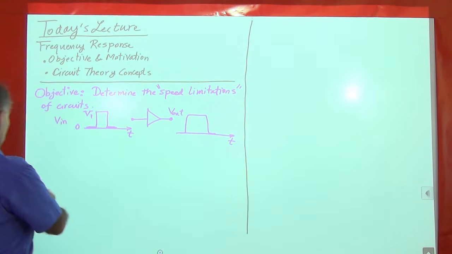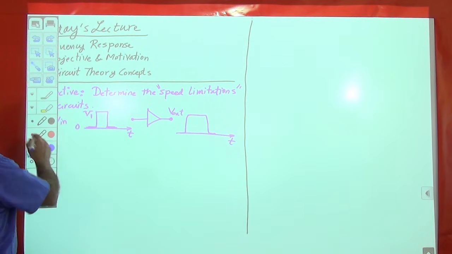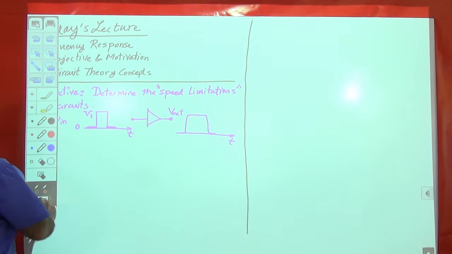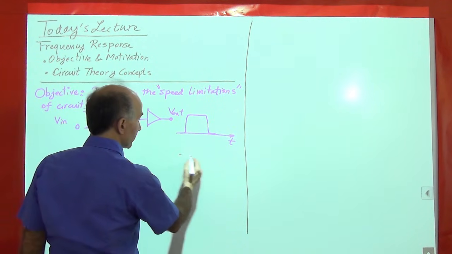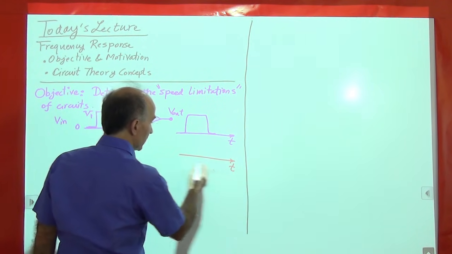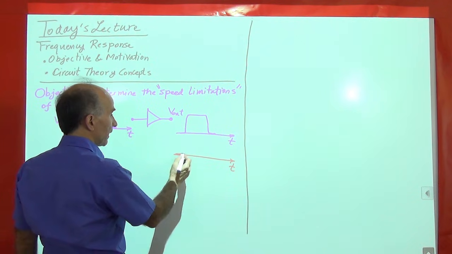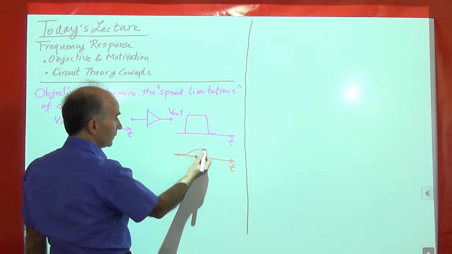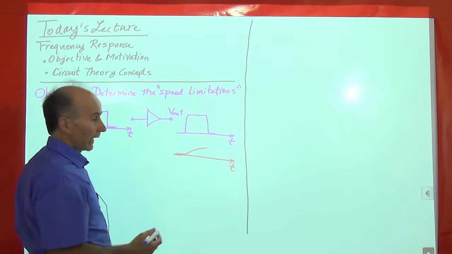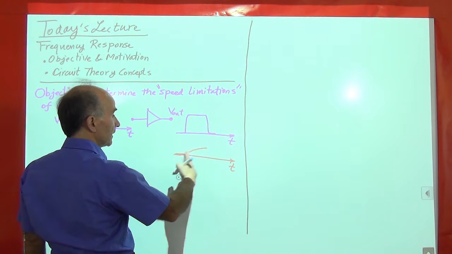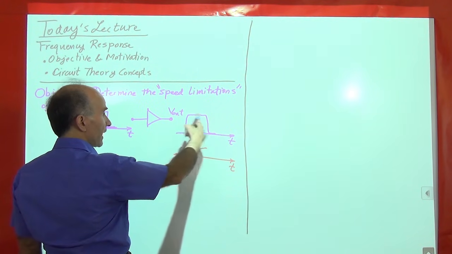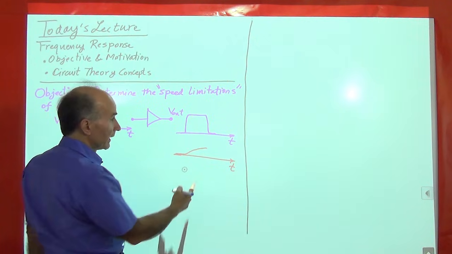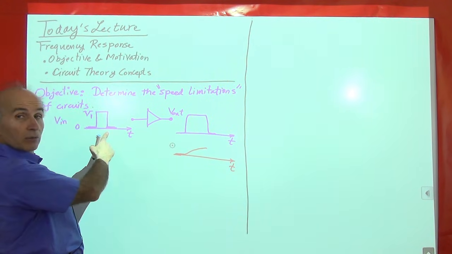On the other hand, let's change the color to red. If the response looks like this, if the output says, well, actually, I cannot change so fast, I will need some time to change. And by the time it's over here, it still hasn't had a chance to reach its final value. And then the input wants to jump down.